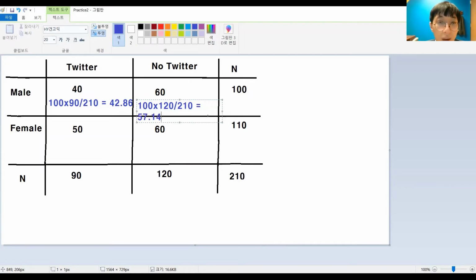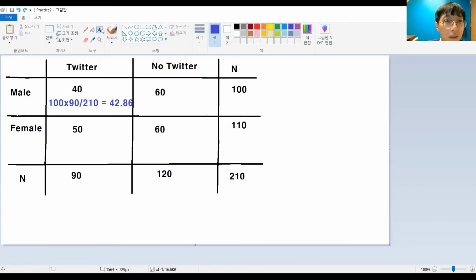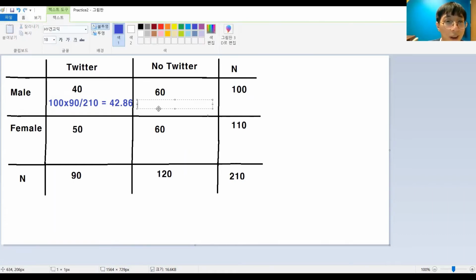I have to do that again. So 100 times 120 divided by 210 is 57.14.